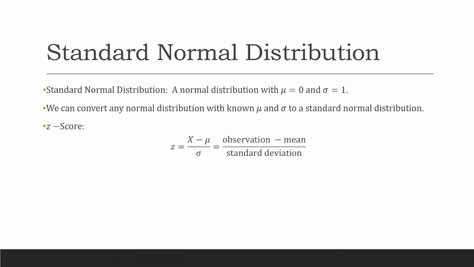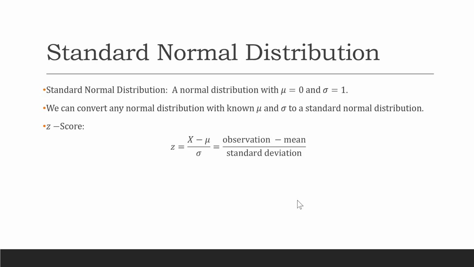So what that means is we're going to take our x, subtract from that our mean, and divide by our standard deviation. These are the exact same words that we used last week, but we were doing descriptive statistics, and so we used M instead of mu, and SD instead of sigma. Well, now we're talking about population distributions, and now I'm using mu and sigma.